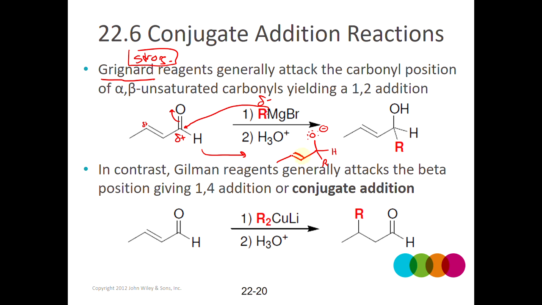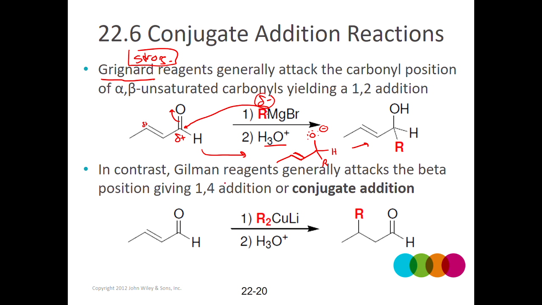And it involves a C-C double bond, which is not as stable as a CO double bond. Then the H3O+ would protonate that to give you the OH instead of an O minus. So you've got to remember, when you have a Grignard, it's strong enough, with so much partial negative, that it's more often than not going to attack directly at the carbonyl carbon to make an alcohol product.